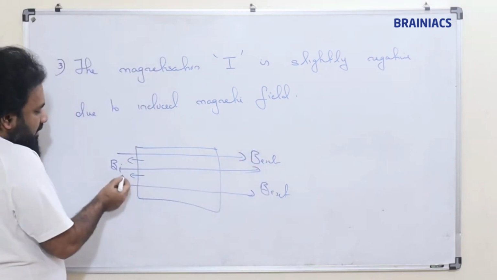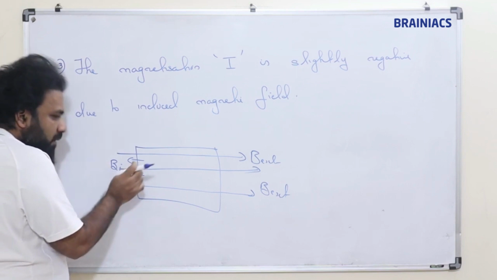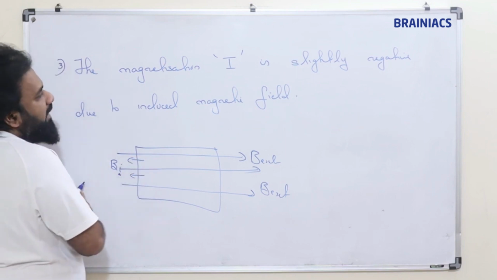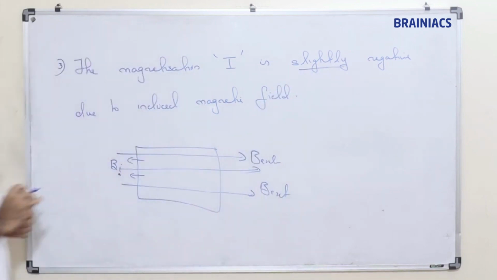This will not change, but this one will contribute to I. This is a very small value and in the opposite direction, so that is why we say this is slightly negative due to induced magnetic field. Is it clear?